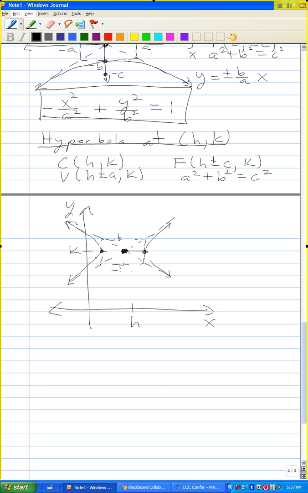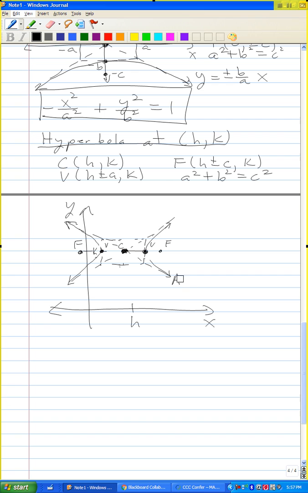So here's my center, and here are each of the vertices. Here's the center, and here are the foci. So there are the foci, center, and here are the asymptotes.